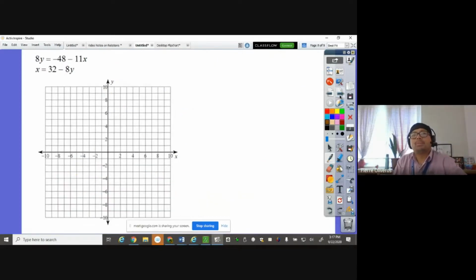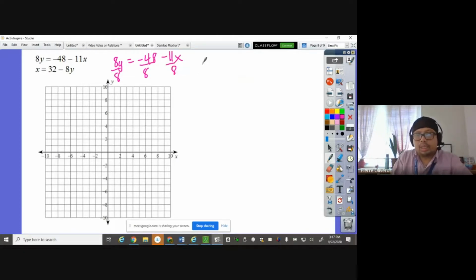Okay, last one here. So we're going to try to isolate the y here. 8y is equal to negative 48 minus 11x, divided by 8, divided by 8, divided by 8. So this will give us y is equal to negative 6 minus 11 over 8x. We can say that the slope here is negative 11 over 8 or positive 11 over negative 8.